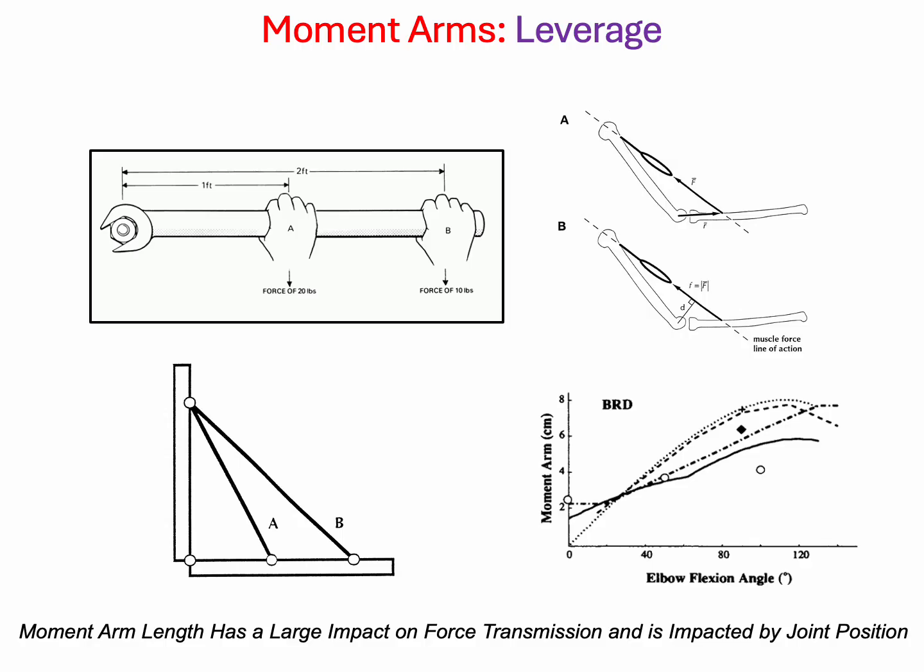In this example, whether you're grabbing the wrench 1 foot away from the axis of rotation, which you could imagine is the center of your joint of interest, or 2 feet away, that is going to influence the total amount of torque that is transmitted around this axis.